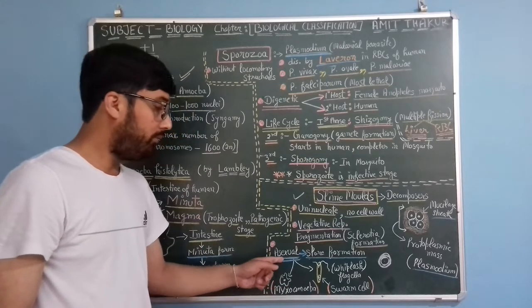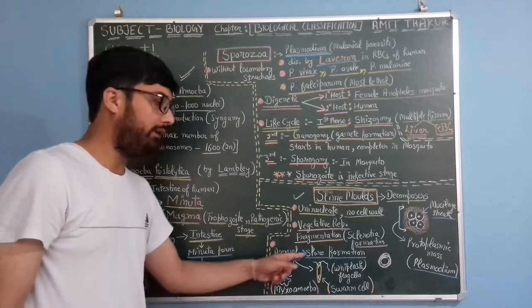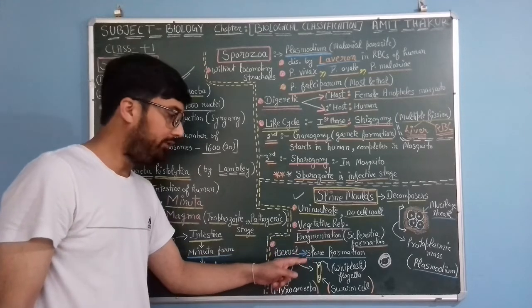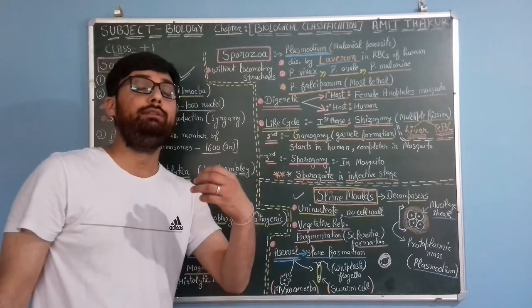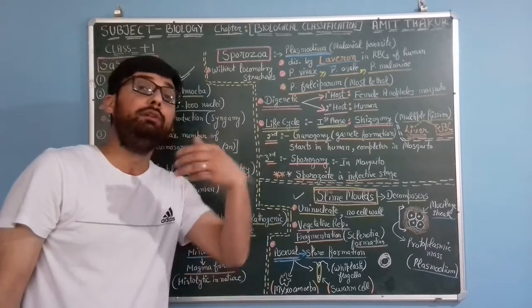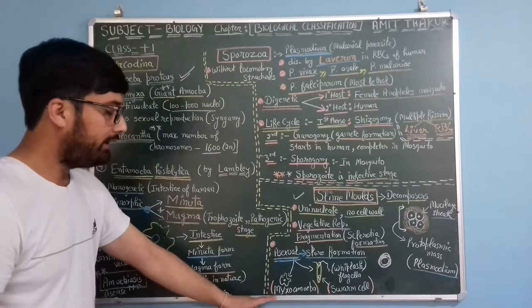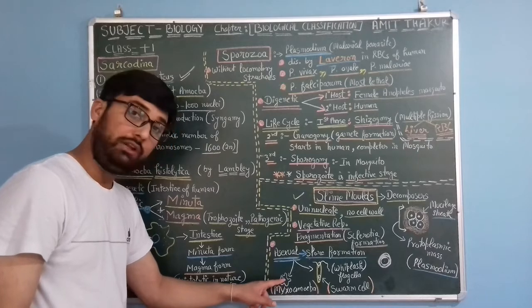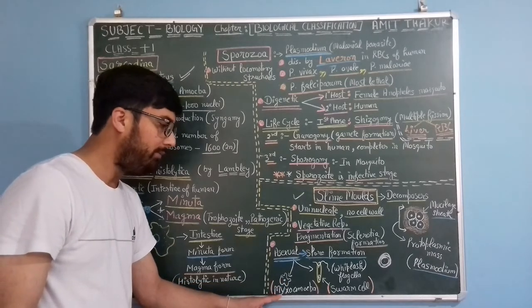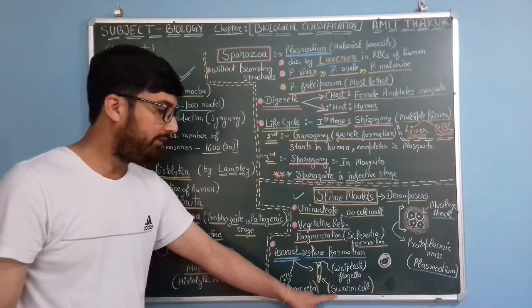So what did I say? In asexual reproduction via spore formation, the spore modifies into two different forms: either an amoeba-like form, irregular in structure and uninucleate, known as myxoamoeba, or a spindle-like form known as swarm cell.